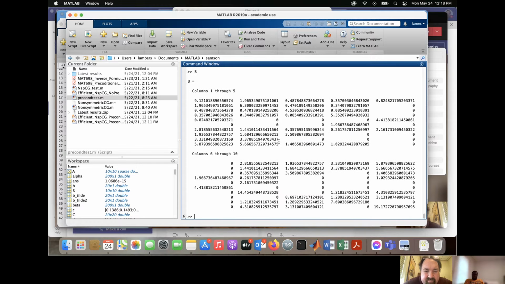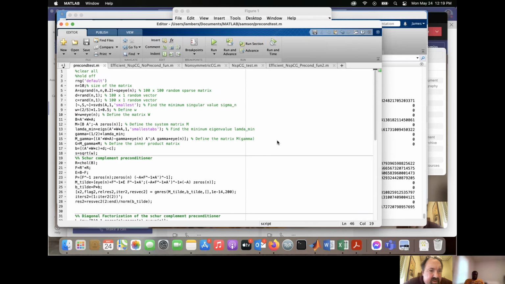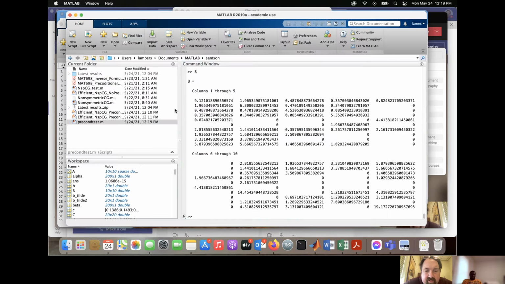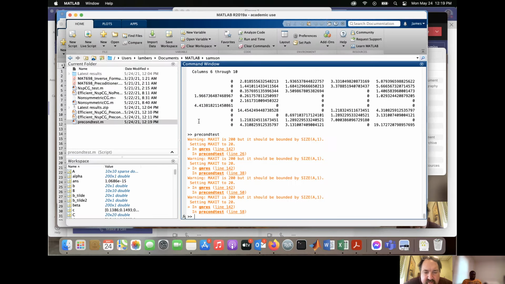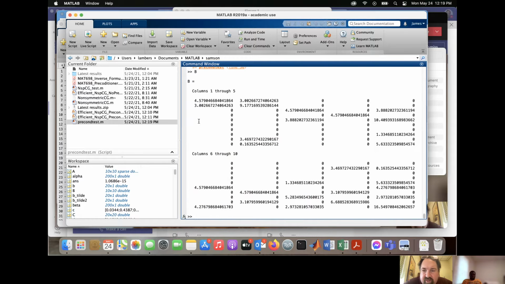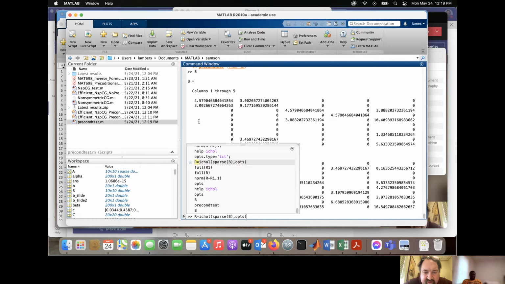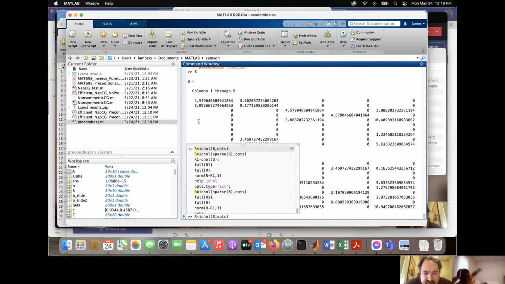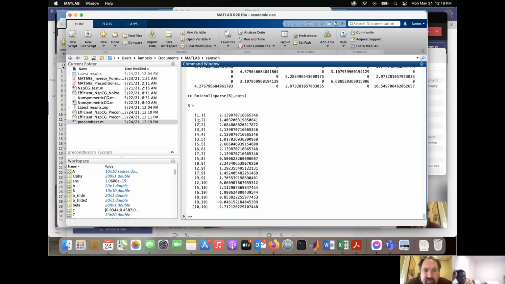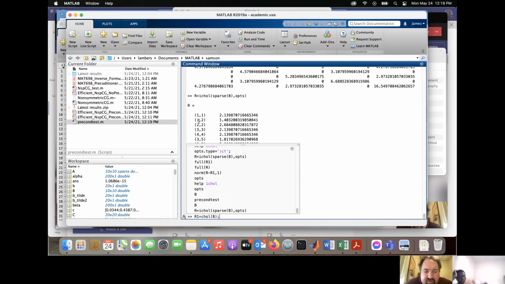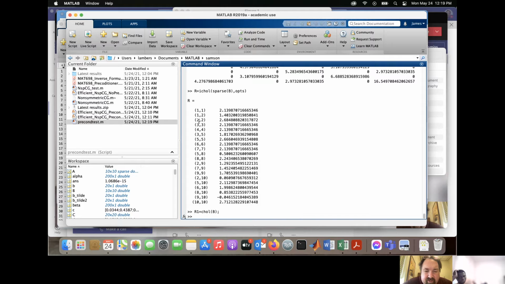All right. If I do, I can change this to 0.1 to make B sparse. If I look at B, B is now sparse. All right, so there's my Cholesky factor. There's my true Cholesky factor.